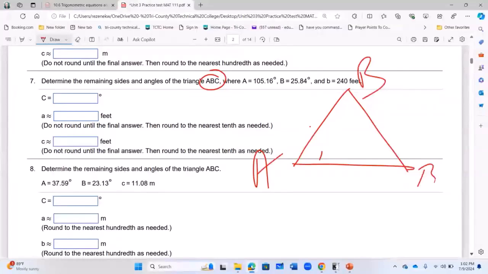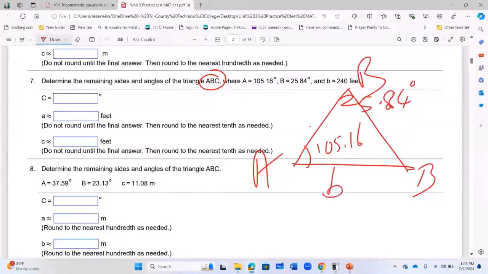And my sketch may not look like the so this is 105.16 degrees, and this angle B is 25.84 degrees, and the side B is 240. Side B is 240 given to us.